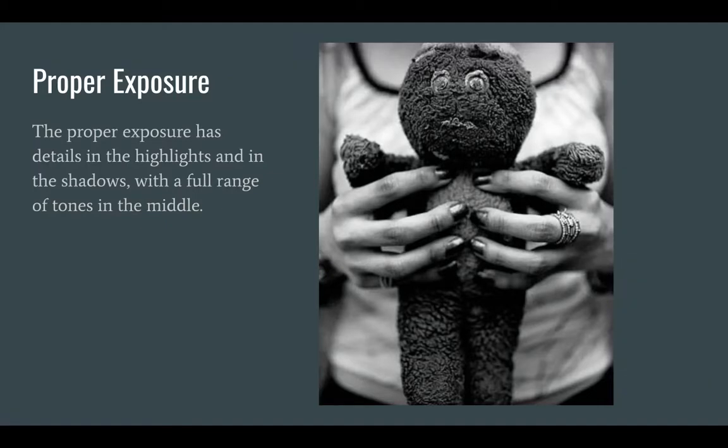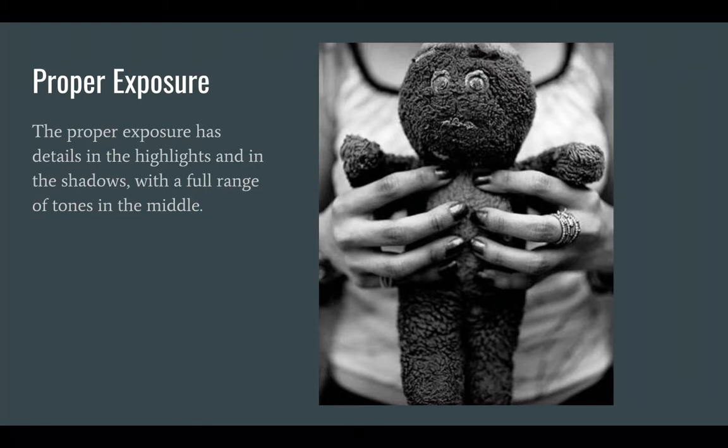So, what does an image need to have proper exposure? This is the same kind of answer. To have proper exposure, we are going to see the details in the highlights and also the details in the shadows. So for the first question, what is exposure? Exposure is how much light a photo is getting.